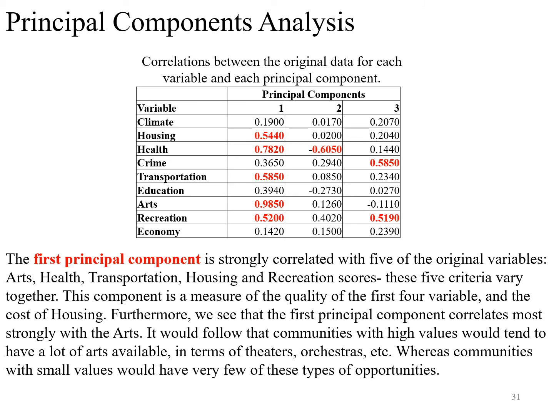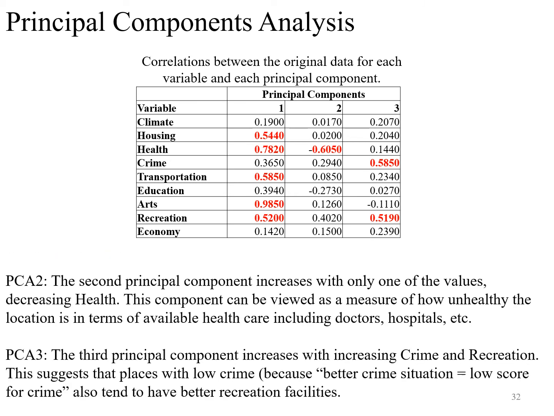And it's more correlated with arts. So communities that have high values tend to have a lot of arts available in terms of theaters and orchestras, etc. Whereas communities with small values for principal component 1 would have very few of these types of opportunities.